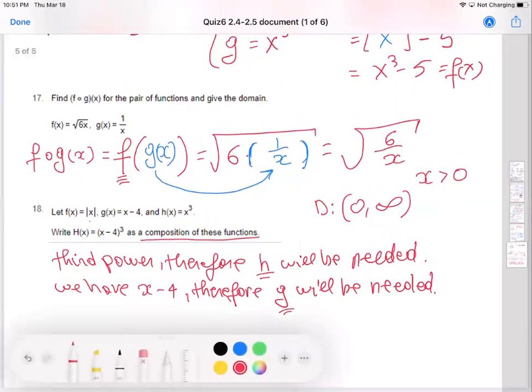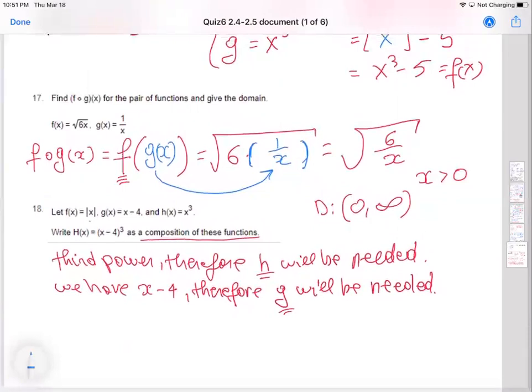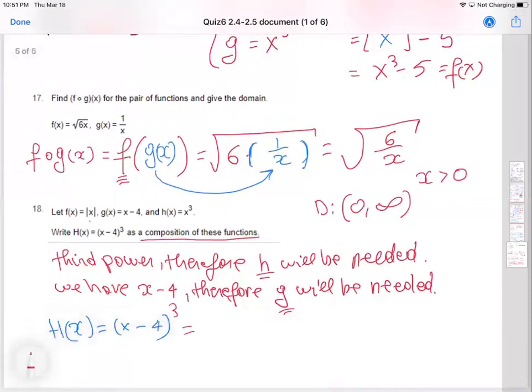Let's see in which order we need them. So h of x equals x minus 4 to the third.